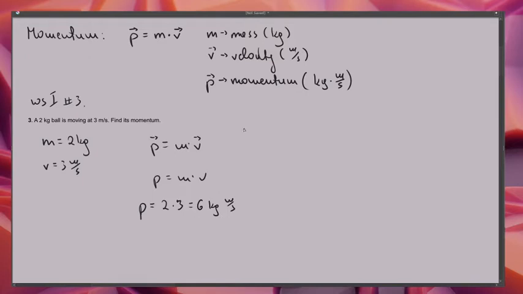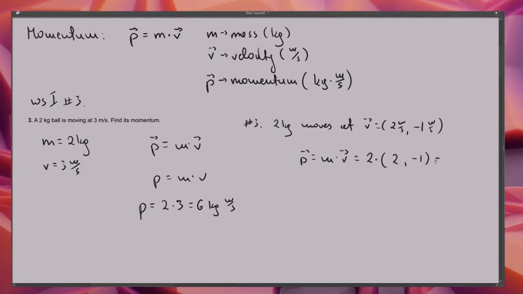Suppose that the problem was stated a little differently. So let's say that problem 3 actually said something like this: a 2 kilogram mass moves at a given velocity, find its momentum. And so in that case, your momentum p would become mass times velocity, with proper units, I suppose.